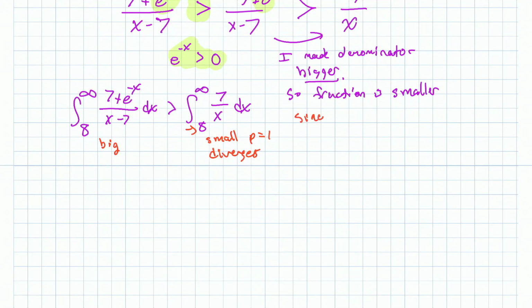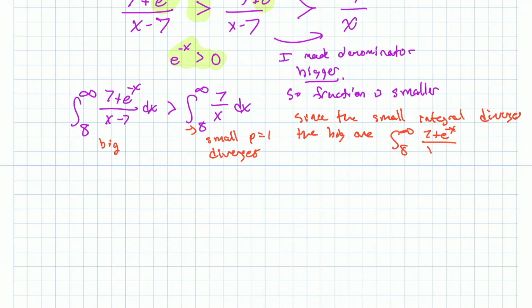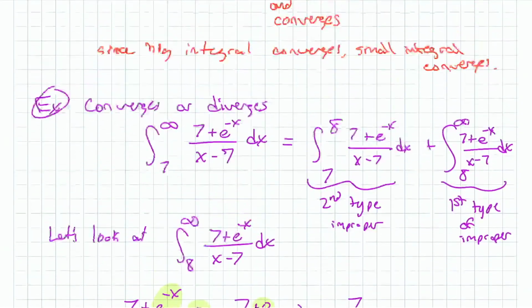Since the small integral diverges, the big one, which is actually the one we care about, diverges by the comparison theorem.